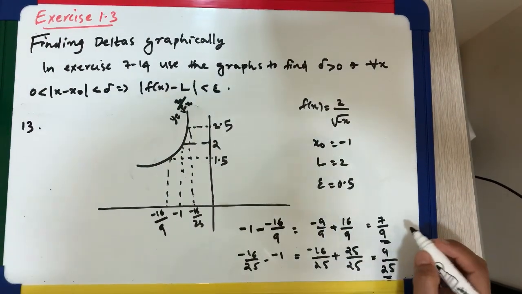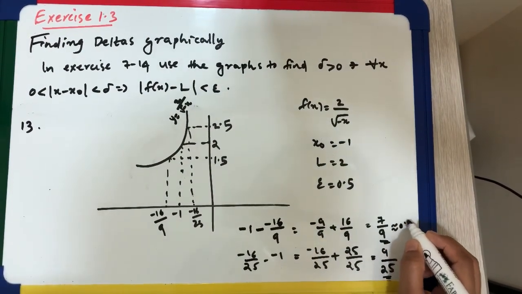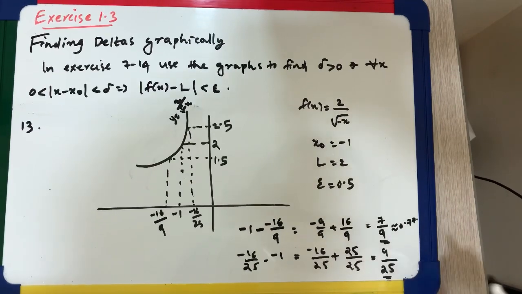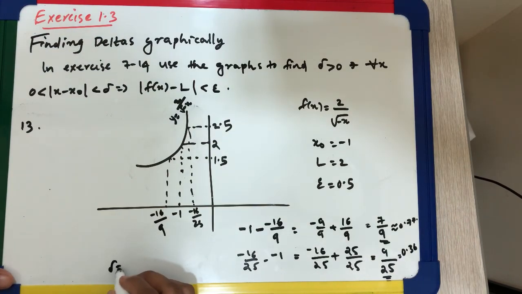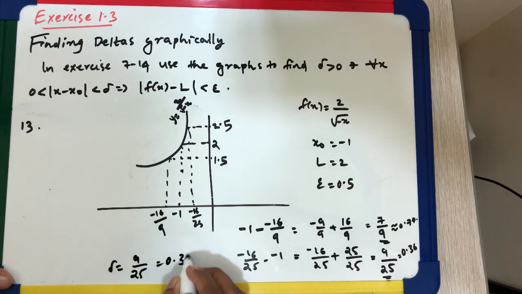Now 7 by 9 is approximately 0.77 etc. and 9 by 25 is equal to 0.36. So smallest value is this one. Therefore delta is equal to 9 by 25, which is equal to 0.36.